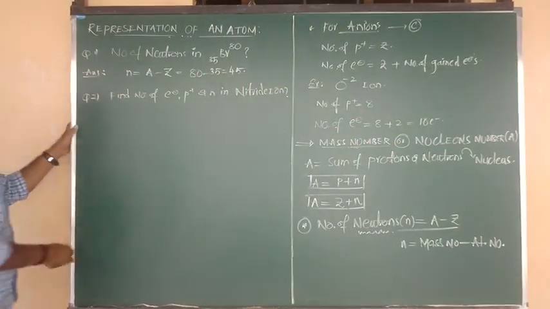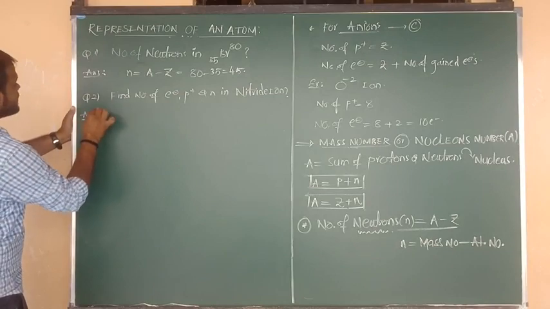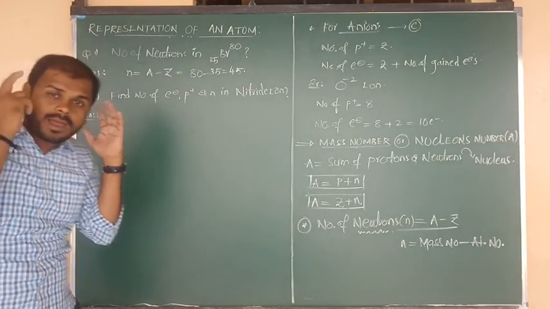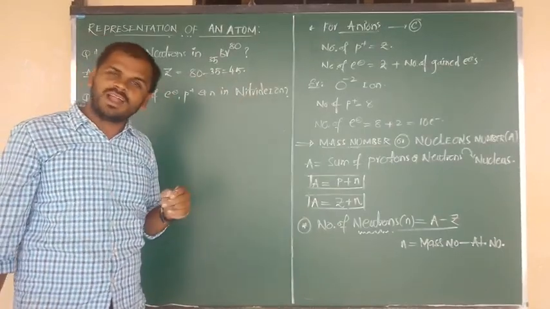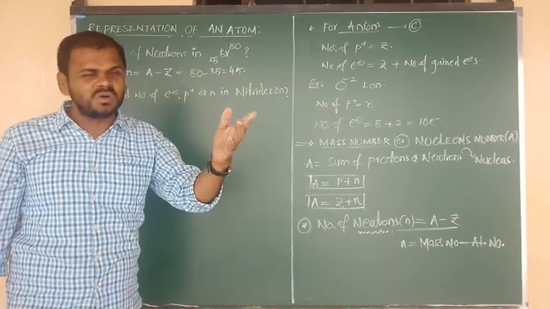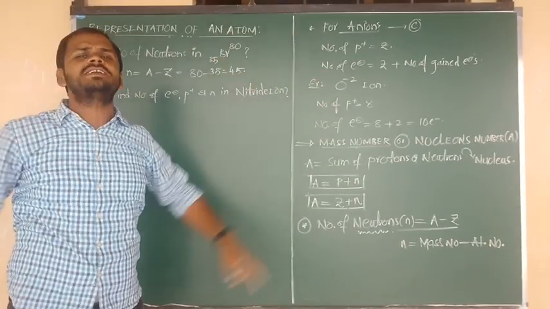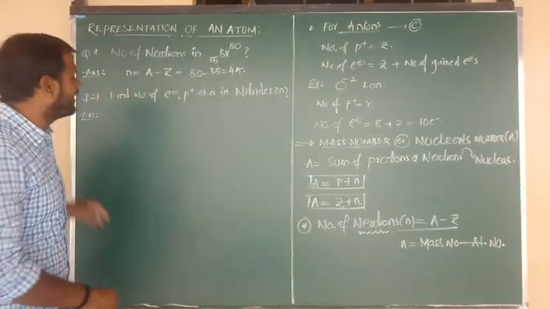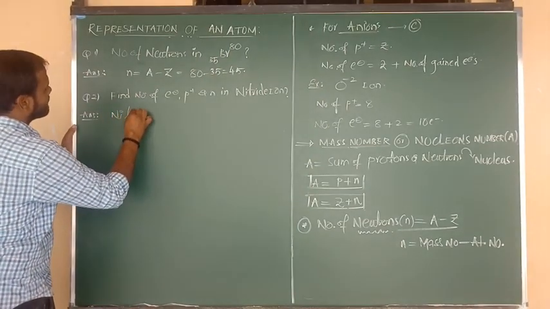Let me take nitride ion as one example. First of all we have to be very familiar with the formula of nitride ion. During the bridge course, I told you a list of anions and cations. Let me consider nitride ion first.